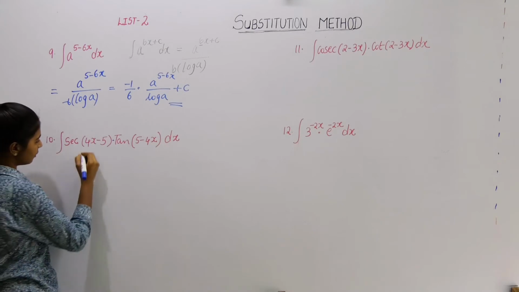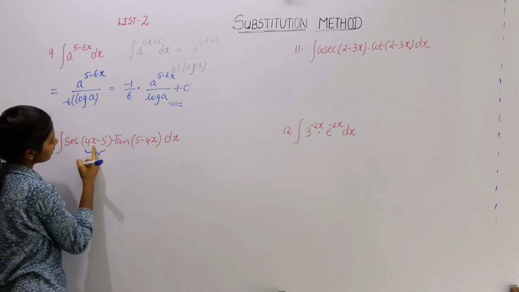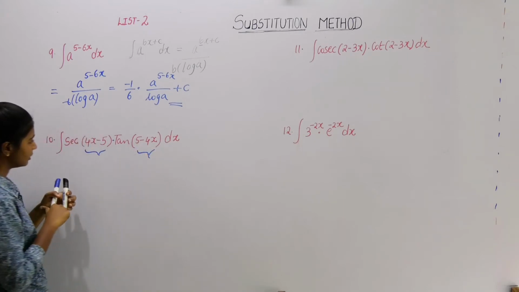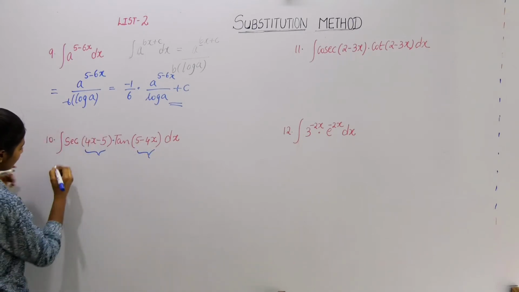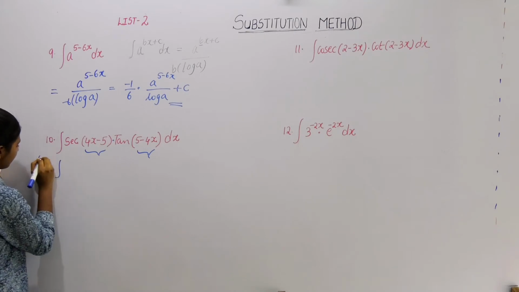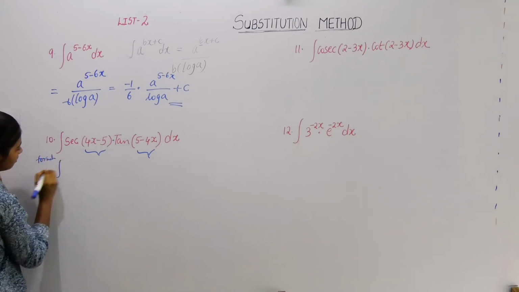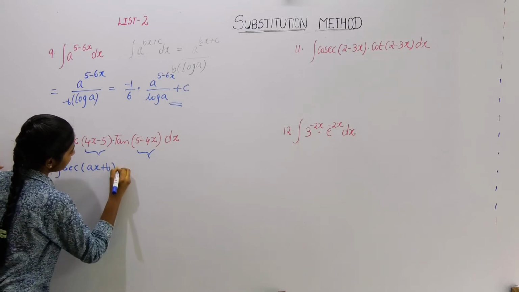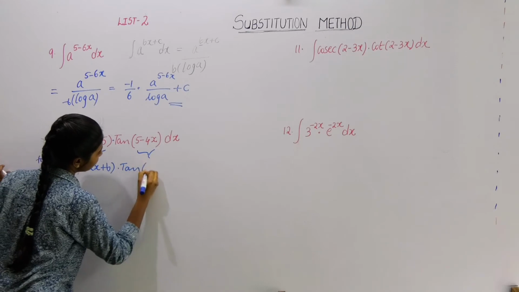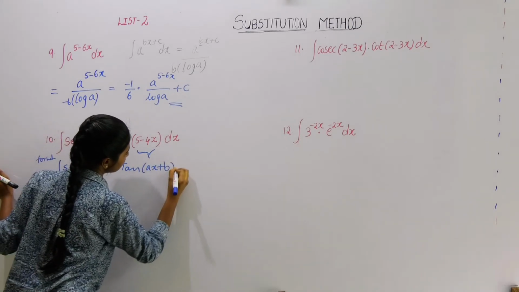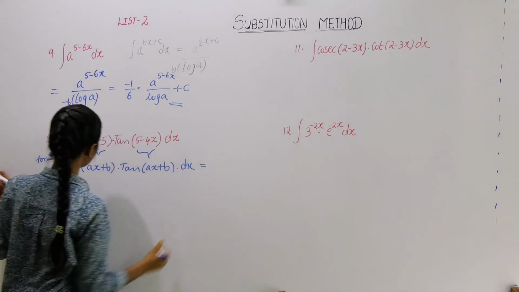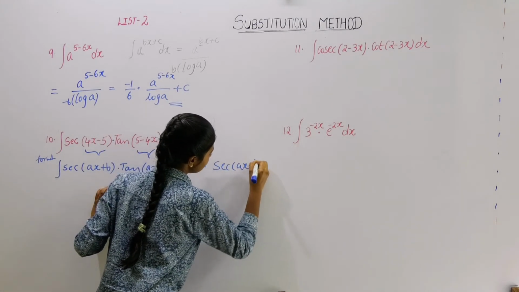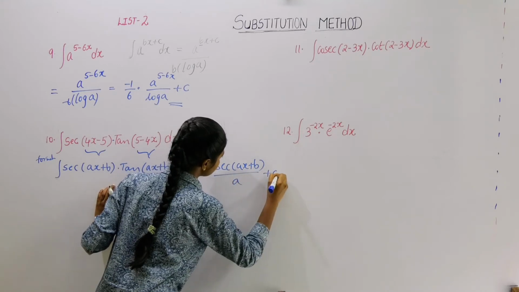When we look at this problem, here we have 4x minus 5 and here we have 5 minus 4x. But in the formula we have secant of ax plus b into tan of ax plus b into dx, it is equals to secant of ax plus b whole divided by a plus c.